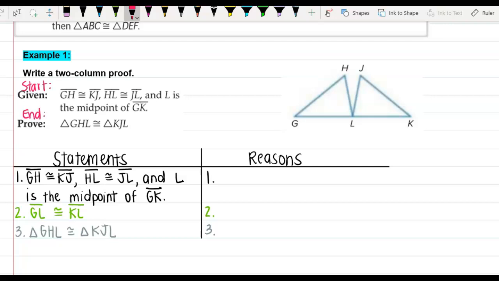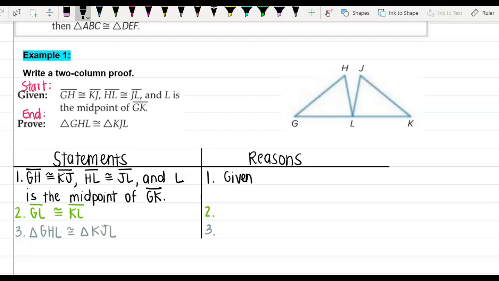Notice our very first line is exactly the given, so our reason is just, this is given. And notice our very last statement is what it tells us to prove: triangle GHL is congruent to triangle KJL. We're not going to write that this means prove. We just know that that should be our last statement.